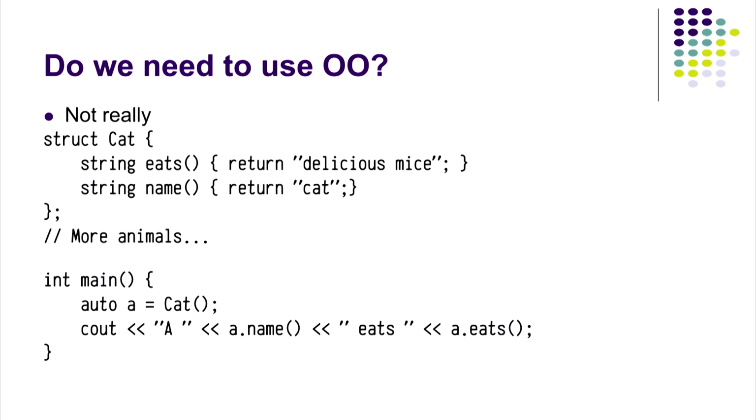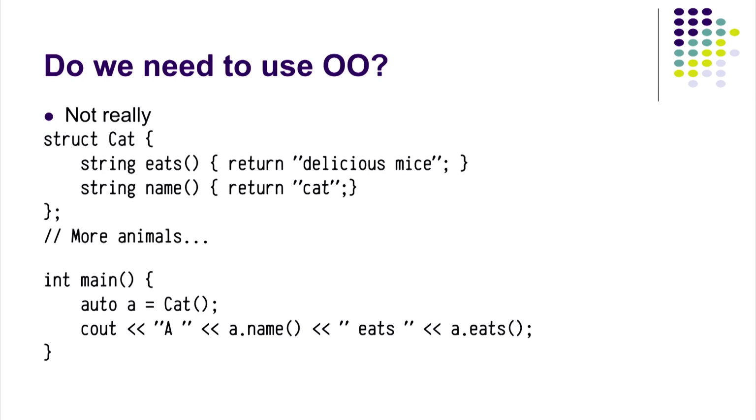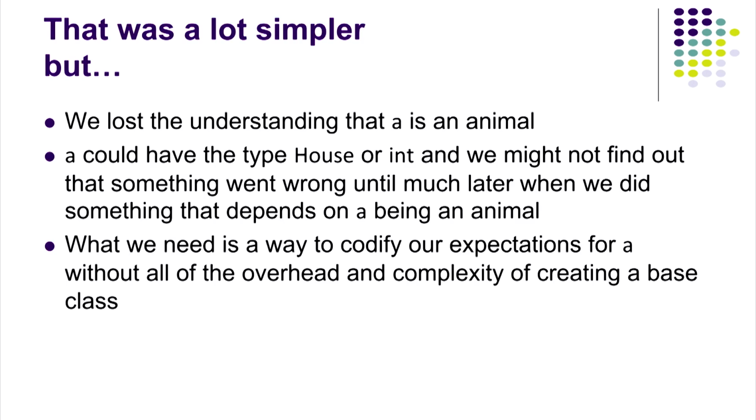Now, is it as good? It's a lot simpler, but simpler isn't always better, right? In particular, looking at this, you don't really have any indication that a is an animal. So it's very hard to understand what your expectations about a are, right?